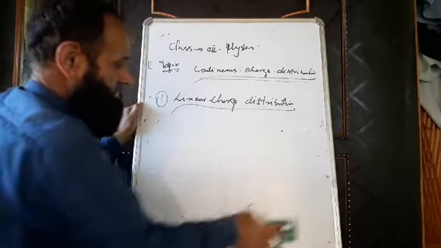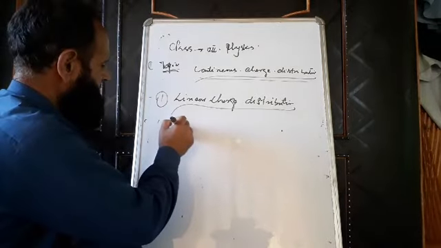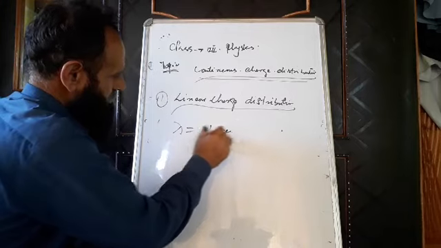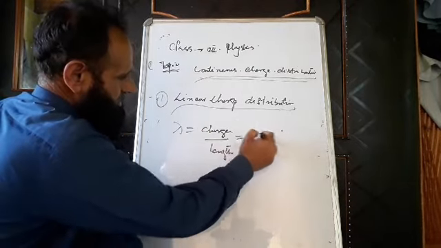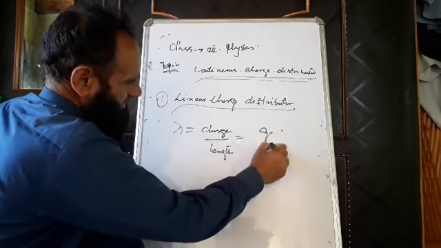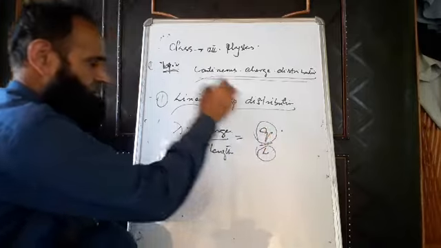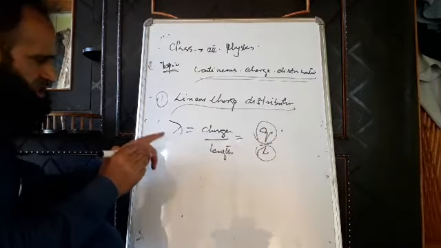Lambda is equal to charge per unit length, or we can say it is Q by L. L is the length of the conductor, and Q is the charge. This is the linear charge density, lambda.